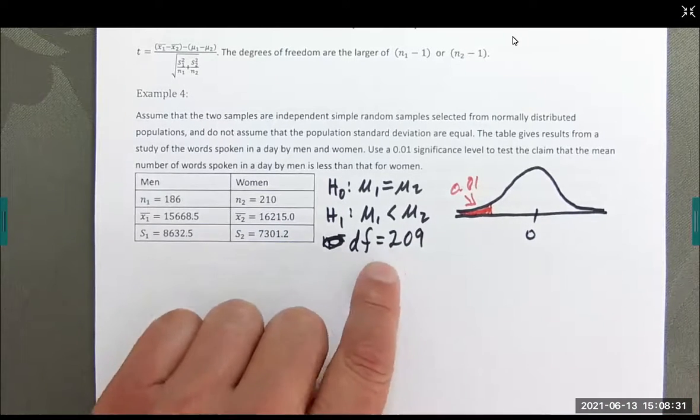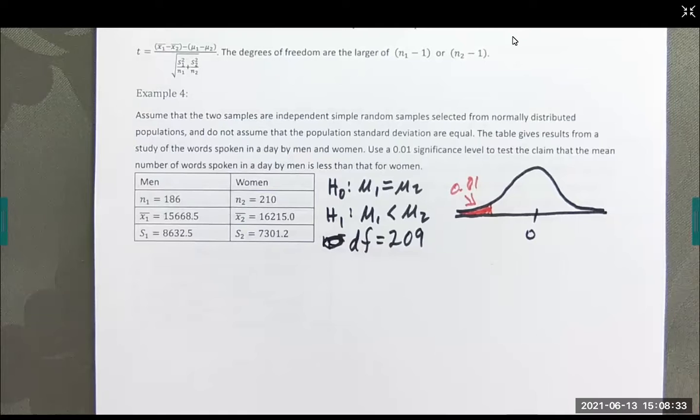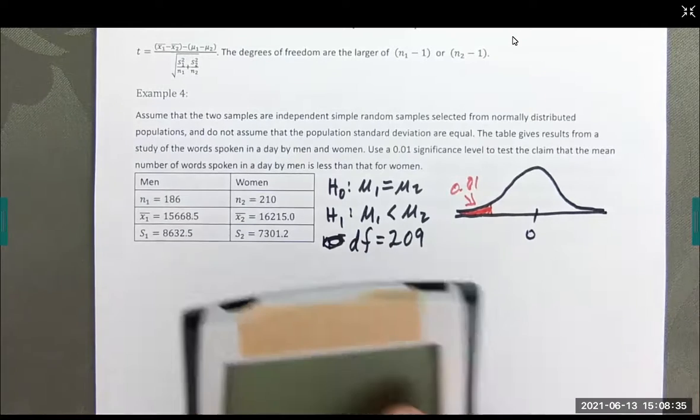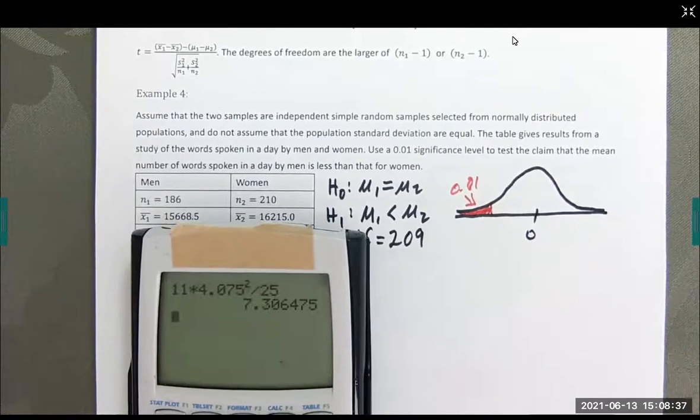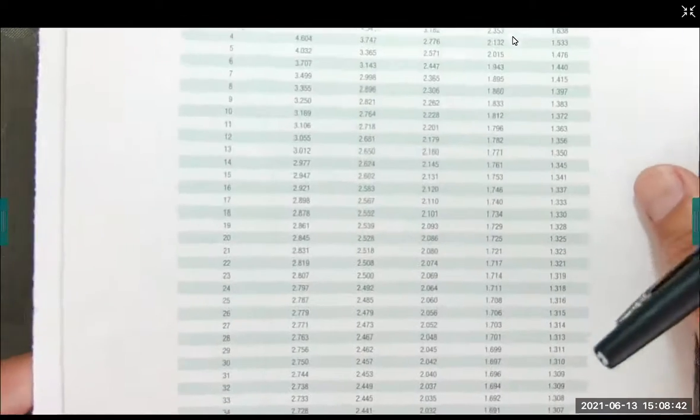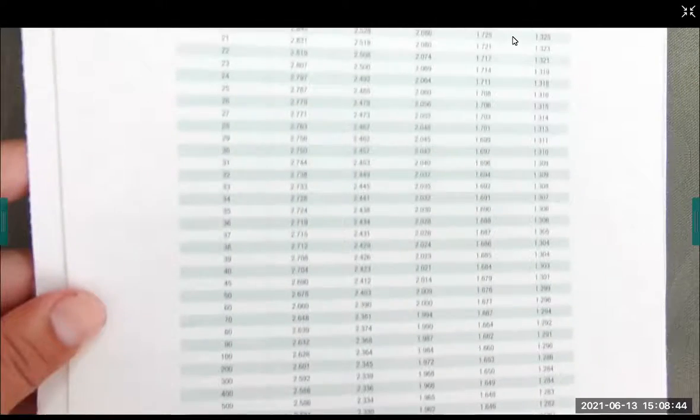I say that only so that I can get my critical values. I'm going to use inverse t here. And those of you that don't have inverse t will need to use your t table, and you'll have to use 200 because it doesn't go down to 209.